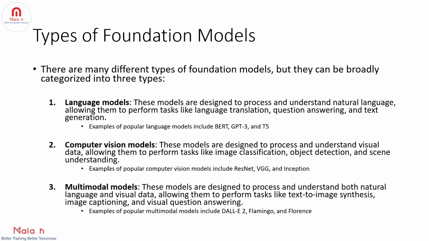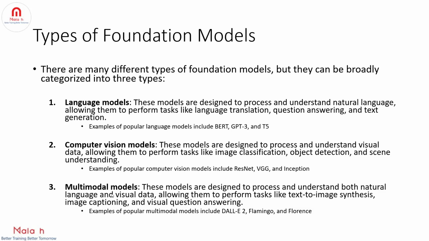That is, any foundation model that takes input as image and gives the output as image is called a computer vision model. For example, let's say you have collected different car images and you want to design a new car, right? Then you can pass all the images that you have collected to the model as an input and get the new image as the output. And you can use different computer vision models.